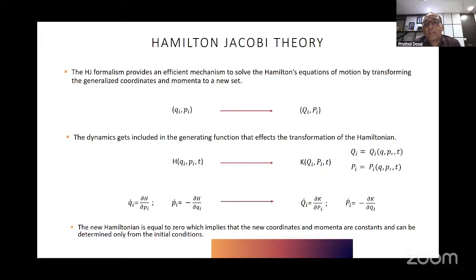Which implies that new coordinates and momenta are constants, because capital Qi dot is del K by del Pi. Now, if your K is 0, then Qi dot is 0. So the new coordinates and momenta become constant, and they can be determined only from initial conditions. So it's a very powerful tool to solve Hamilton's equations of motion, provided you have the correct generating function.